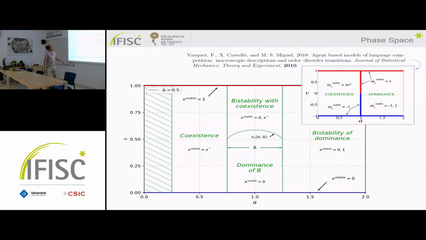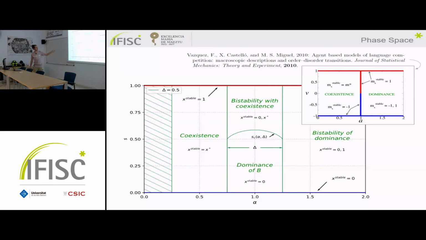In the Abrams-Strogatz model, we find only two phases: coexistence, or bistability of coexistence, or dominance, with the transition at alpha equals 1. What we see when we increase delta is that a central region opens up from alpha equals 1 with two novel phases.